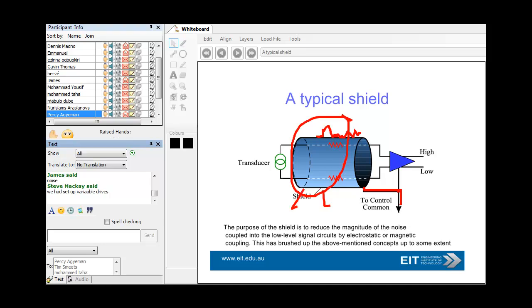For those of you that are super gurus in the group here now, you can actually earth a screen at multiple points with capacitive coupling. But to be honest with you, very rarely do you see applications like that. For all intents and purposes of this presentation, earth at one point only, but watch out for intermittent earth because your screen is making contact with multiple points. That's to eliminate capacitive coupling.